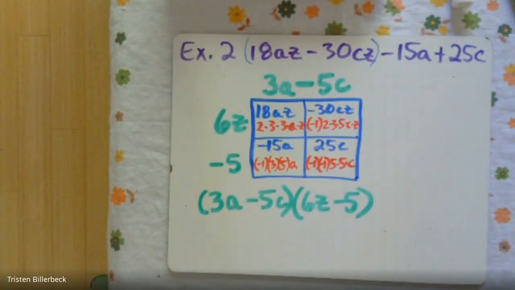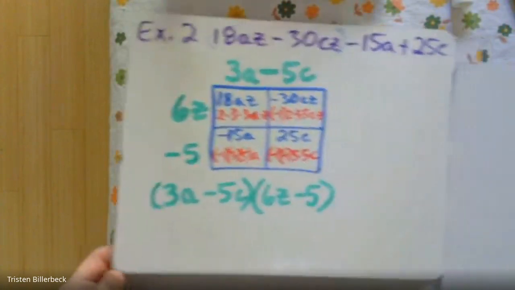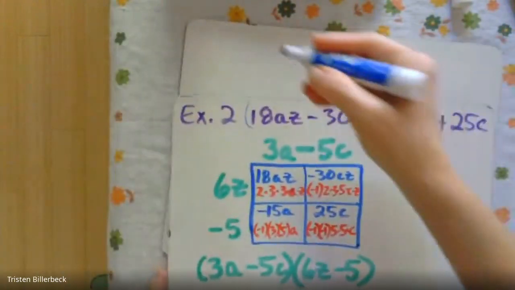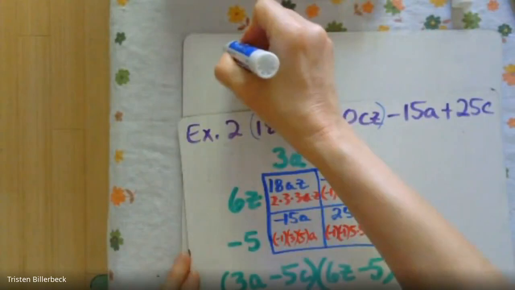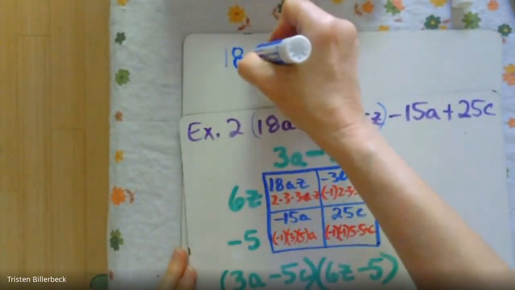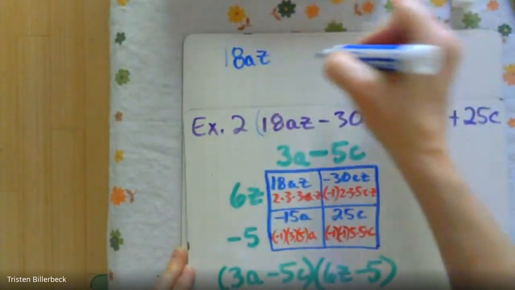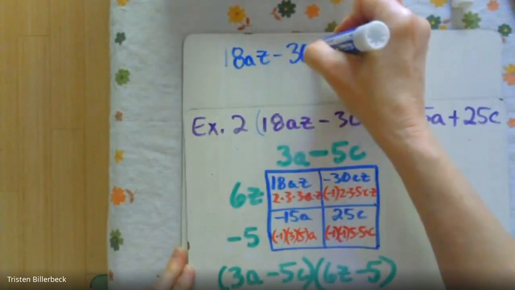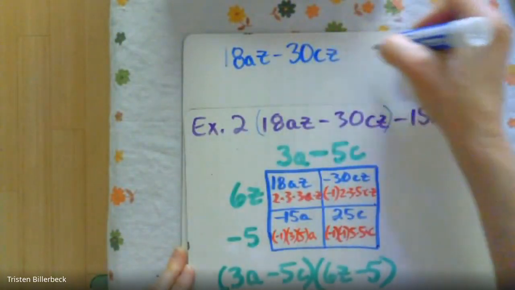So let's see, let me find an extra board. I've used them all. Okay. So let's see why does this work this way? How confusing is this? So we have 18AZ minus 30CZ.